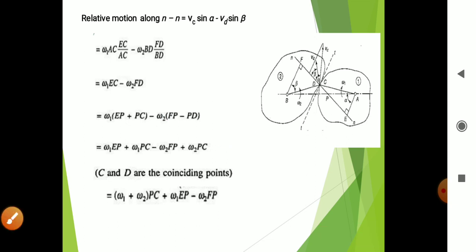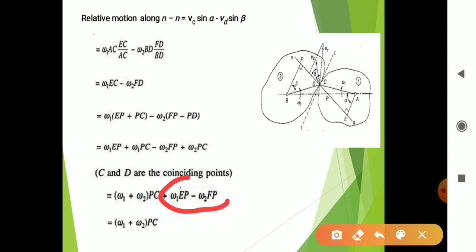See here, omega 1 into EP minus omega 2 into FP, both terms are the same, so they will be cancelled. That is nothing but 0.